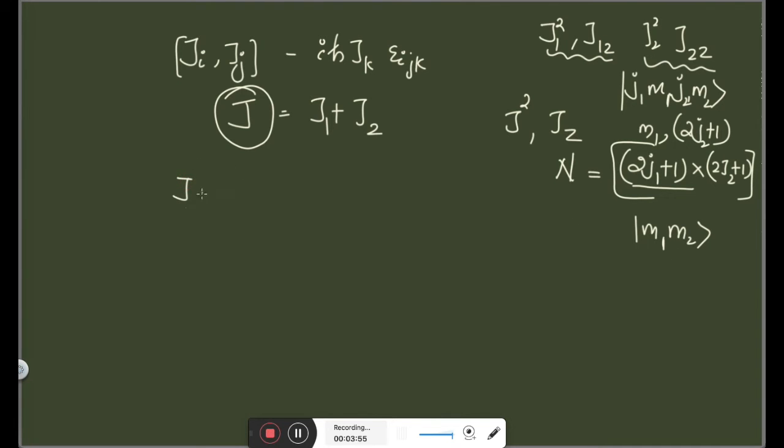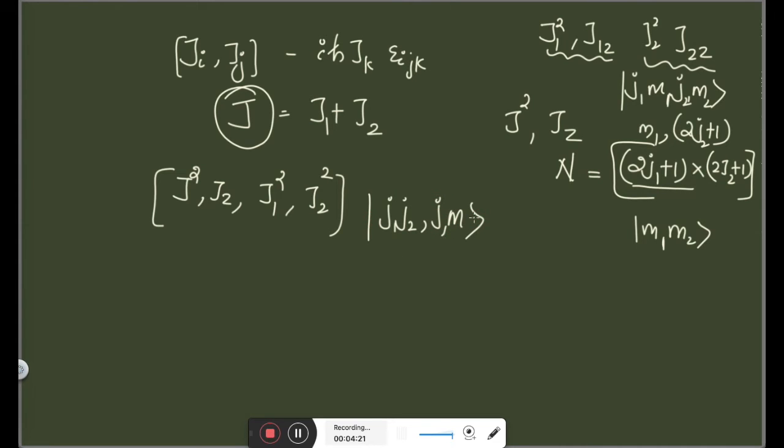Now, if instead of J1 square, J2 square, J1 set, J2 set, I take J square and J set, and J1 square and J2 square, all these mutually commute, and hence you can define J1, J2, and total J and M. Now you can see that this ket specifies a single state of the combined system of J1 and J2.